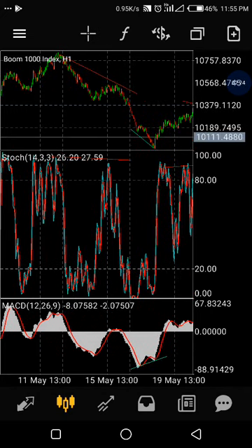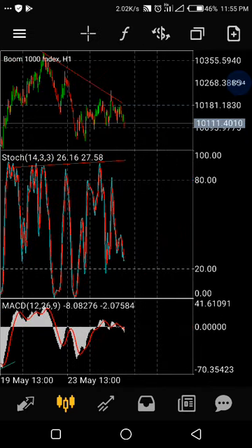The question now is, how do we spot these divergences? Well, like I said, it's a point at which the technical indicator fails to record or fails to take note of the price action.